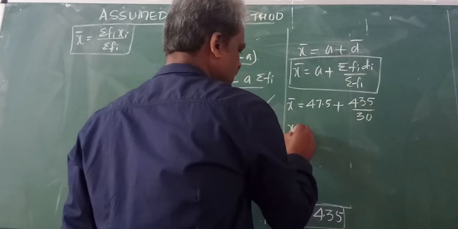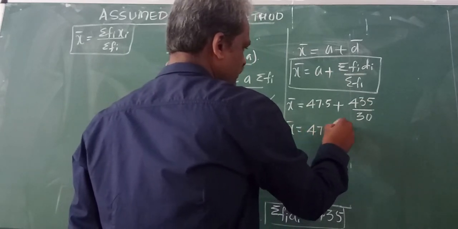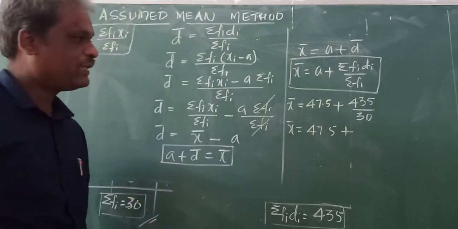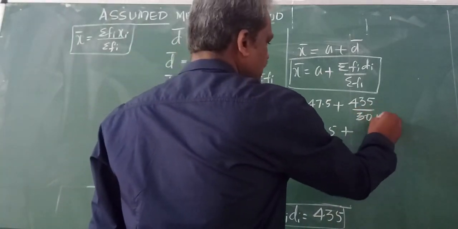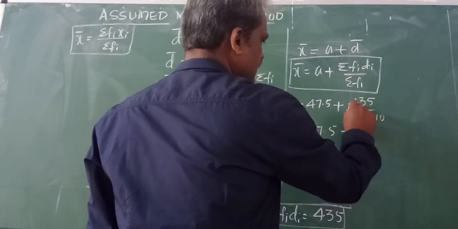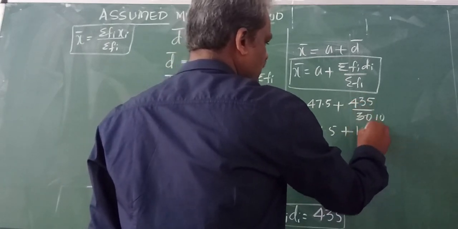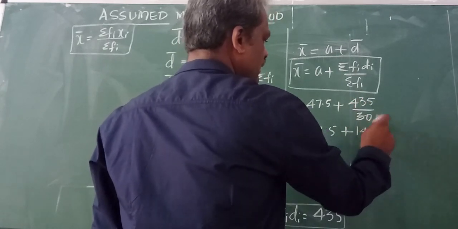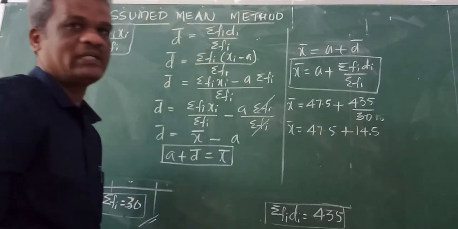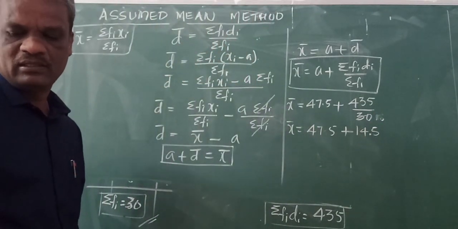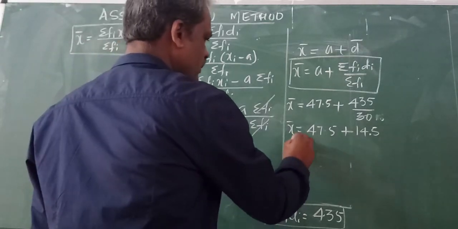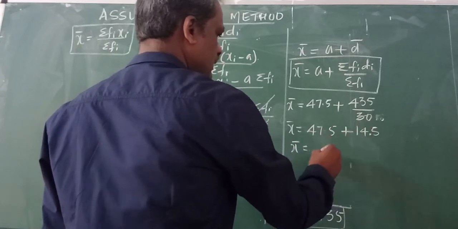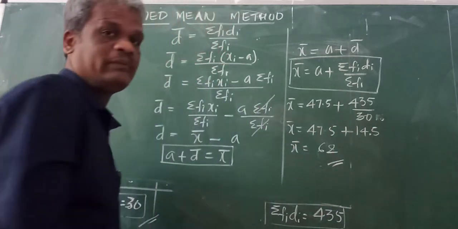Simplify this: divide 435 by 30. 3 ones are 3, 3 fours are 12, 3 fives are 15. Since we are dividing by 10, we get 14.5, with one decimal point. Then x bar is equal to 47.5 plus 14.5: 5 plus 5 is 10, carry 1, then 7 plus 4 plus 1 is 12, so 62. We got the mean value as 62.